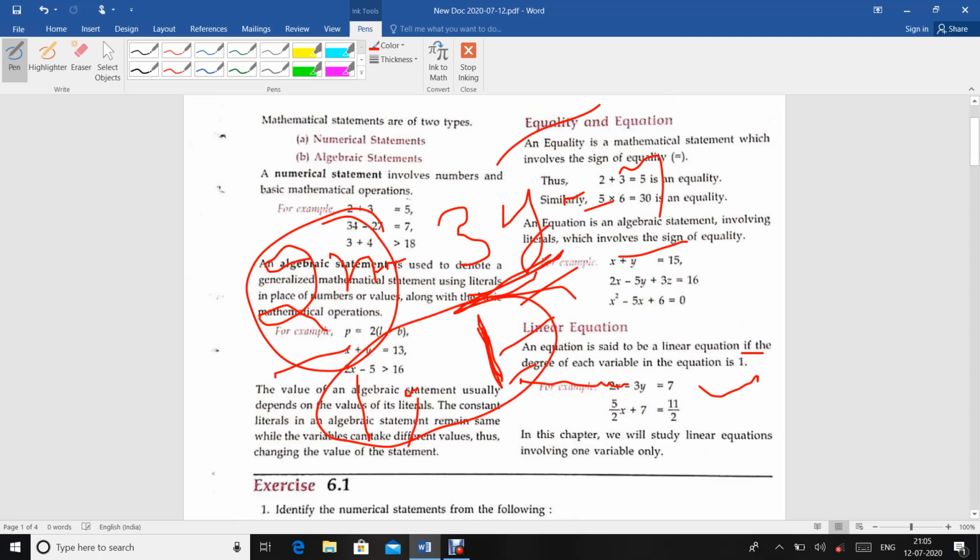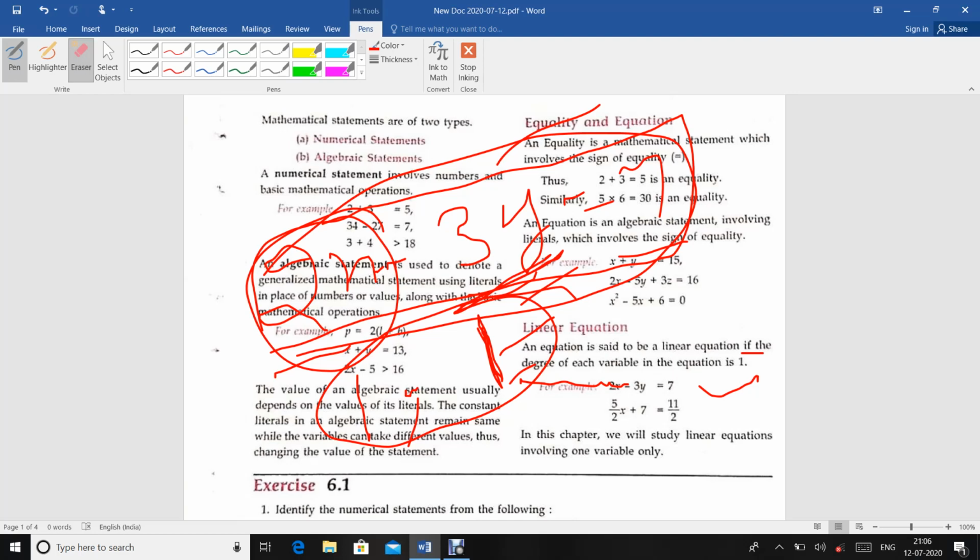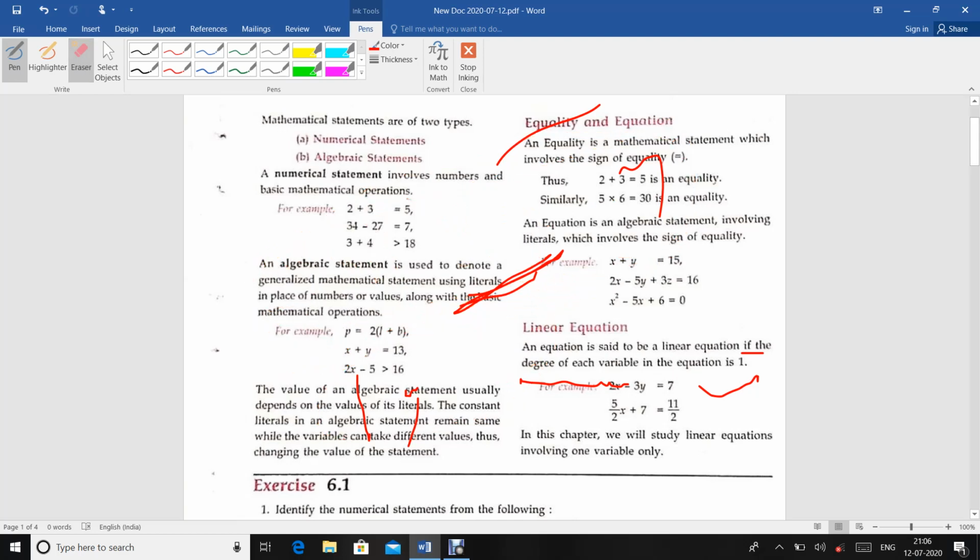The degree of an algebraic expression is the highest power of that equation. So the highest degree of this equation is 1, so we can say that it is a linear equation.